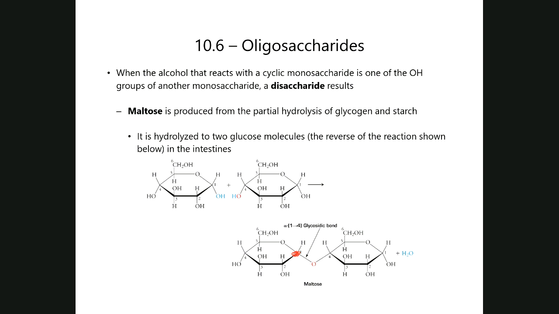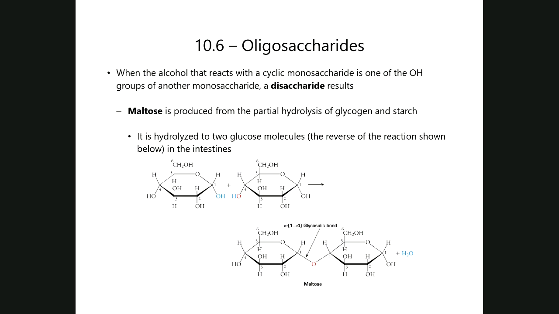The sugar that's providing that acetal, i.e. glycosidic linkage, is the reference point to describe whether the linkage is alpha or beta. And then you have to actually indicate which carbons are involved in the two sugars that are forming the linkage.